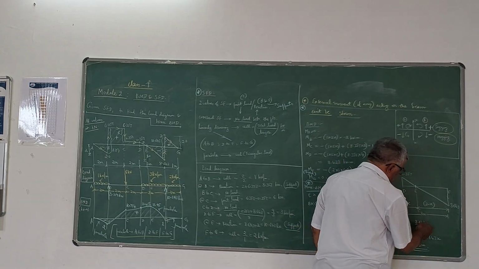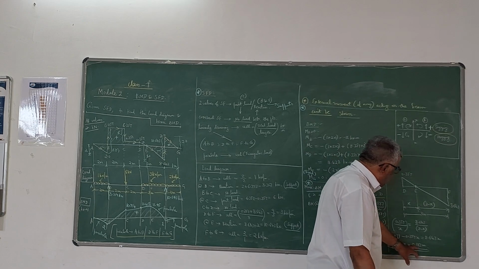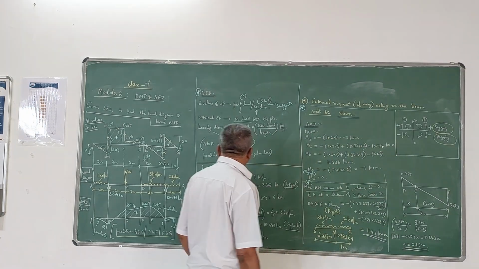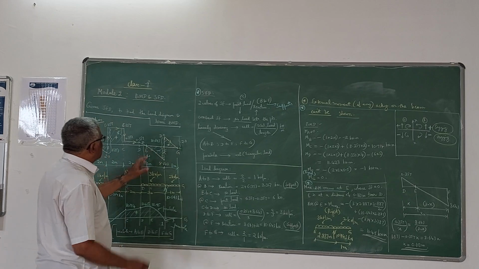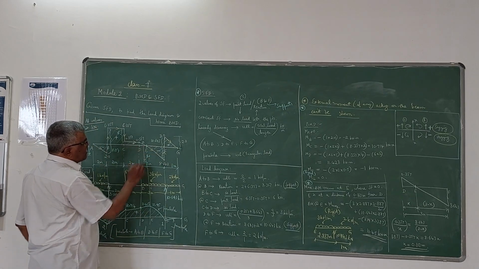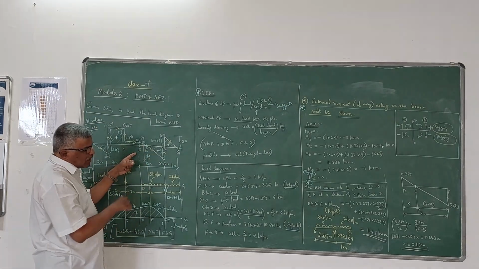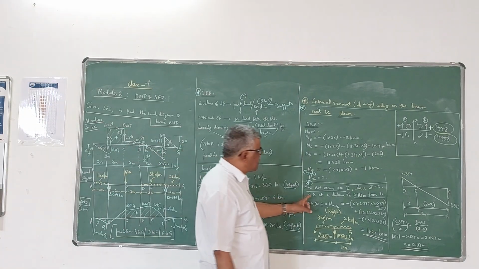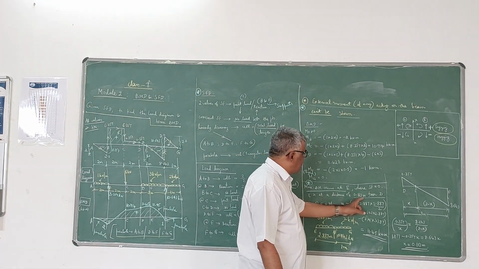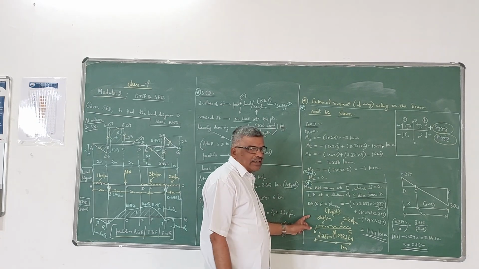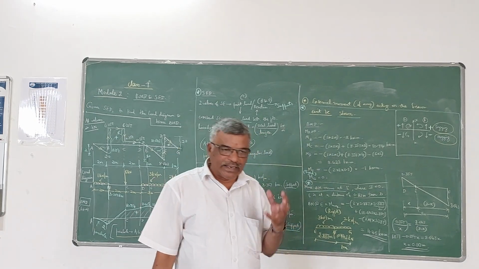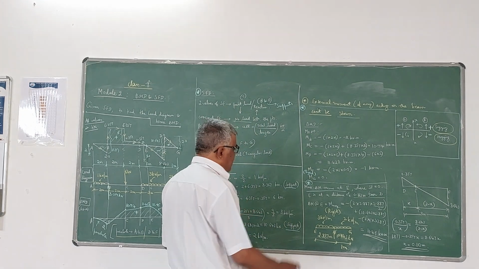If you solve this equation, you will get x as 0.113 meter. That means this point E lies at a distance of 0.113 meter from D. Now, since we know the distance of E from D, 0.113 meter, you can calculate the maximum bending moment at E. So, bending moment at E is M max.